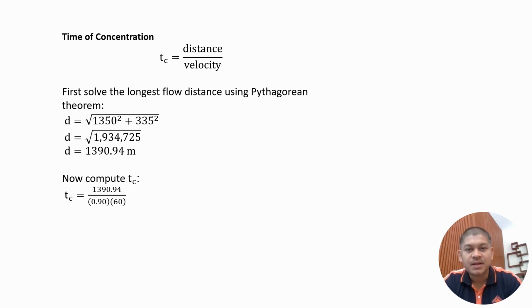Once we know the longest distance, we divide it by the velocity to determine how long the water travels. That is the time of concentration, Tc. That's equal to D, which is 1,390.94 meters over 0.9 meter per second, divided by 60 seconds per minute.